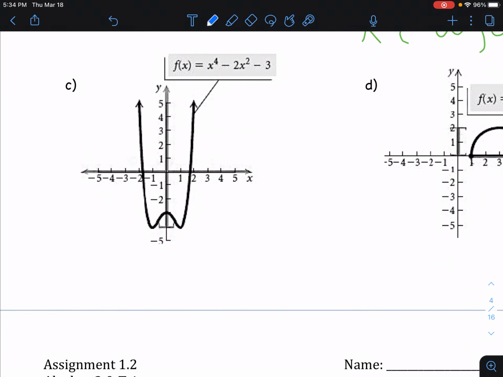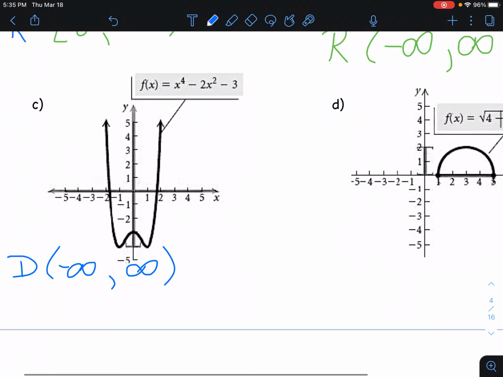All right, letter C. If you take a look at the function, there's no fraction or square root, so the domain's definitely going to be all real numbers. I'm just tying in from 5 minutes ago to now. It is going left forever towards the negative numbers, and it is going right forever. I made a little mistake. I should not put a square bracket with infinity.